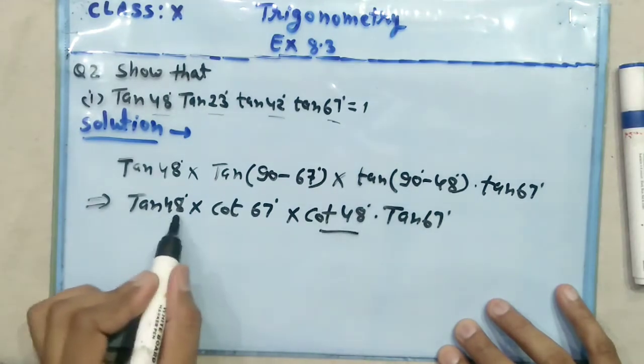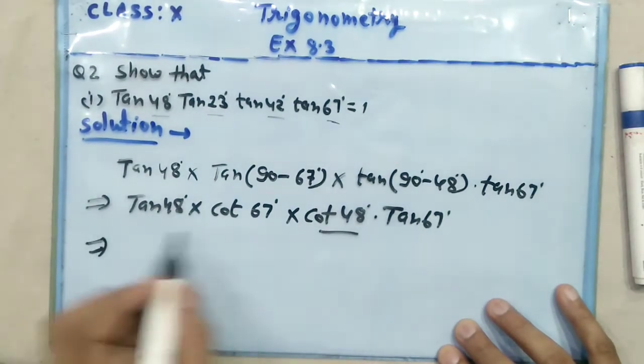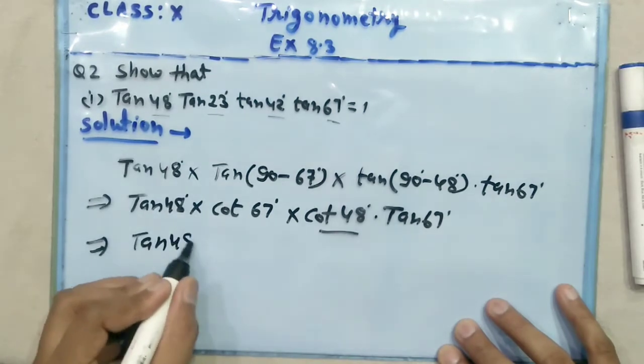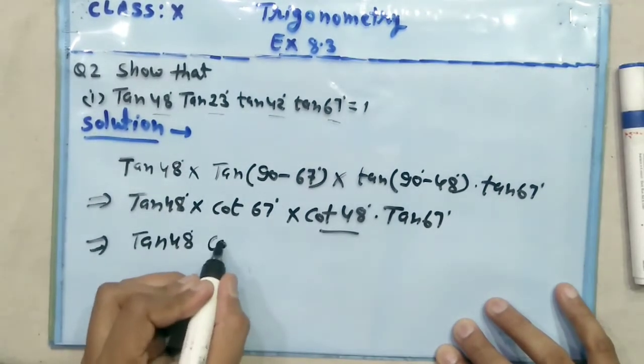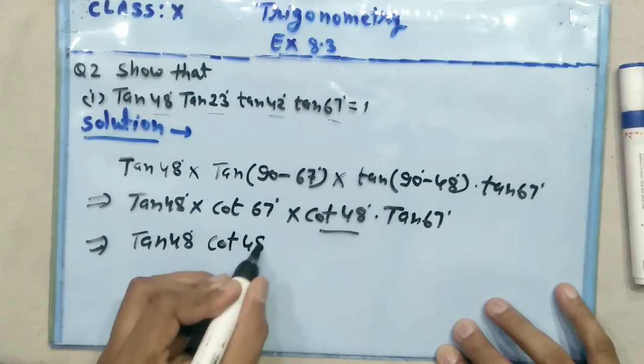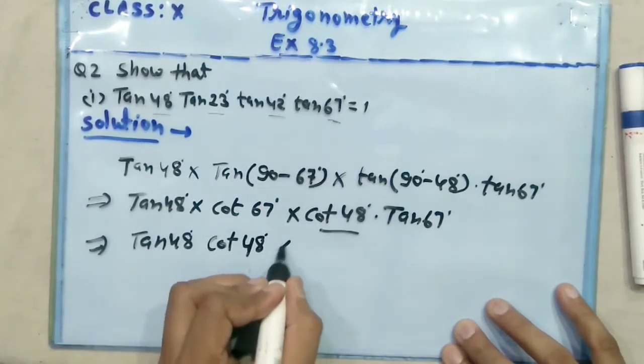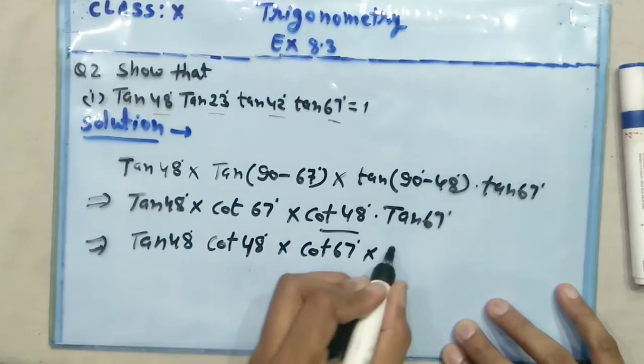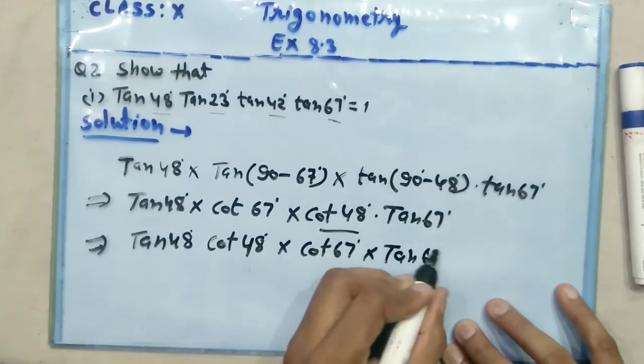If this cot will be written near this, we change it. So tan 48 degree into cot 48 degree into cot 67 degree into tan 67 degree.